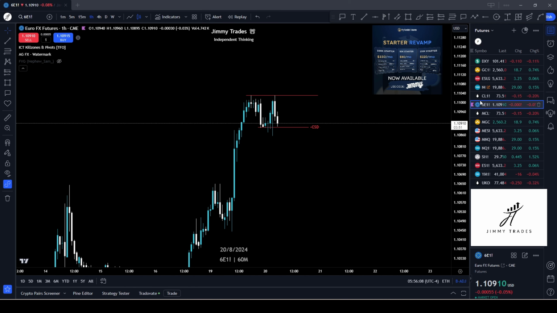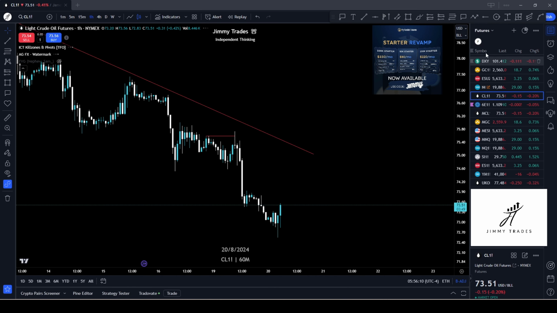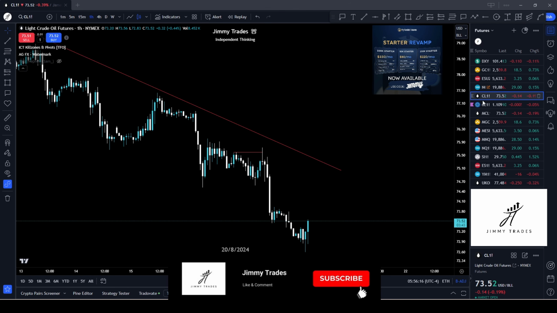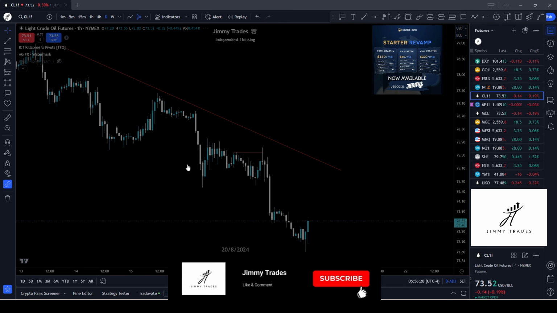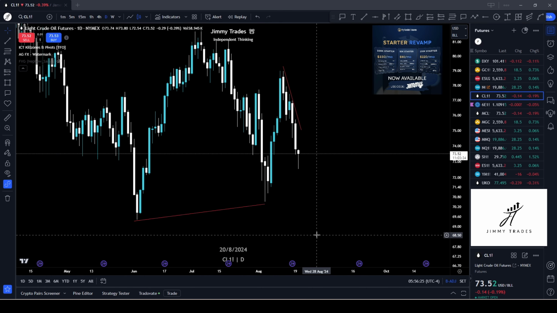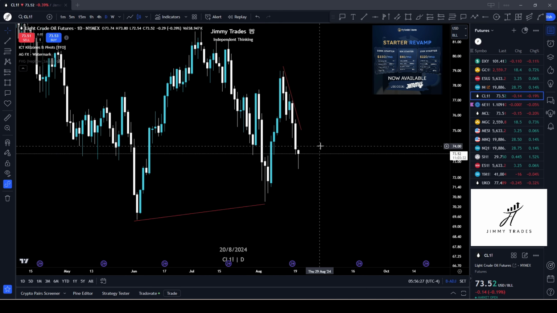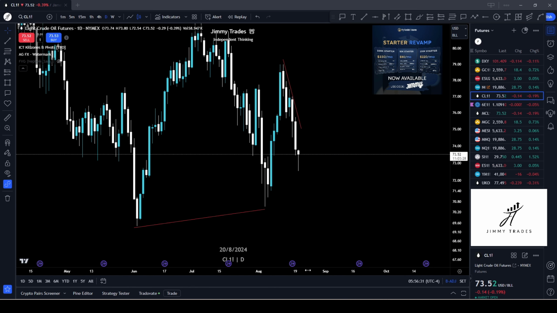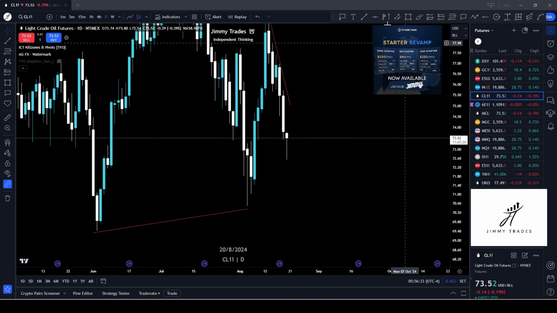All right, let's go to oil. I've rejigged my setup here, so we're just going to work with the flow from bottom to top. Okay, so we obviously already touched on oil a little bit. And we did have this strong move down.